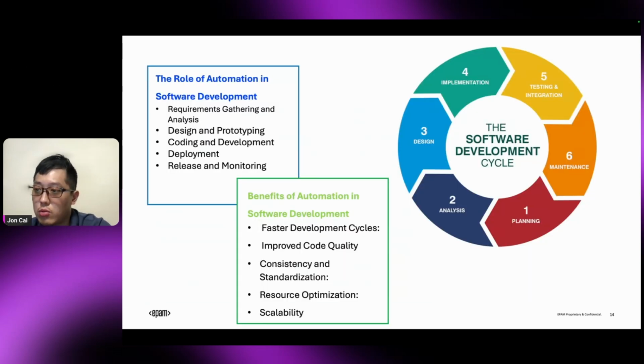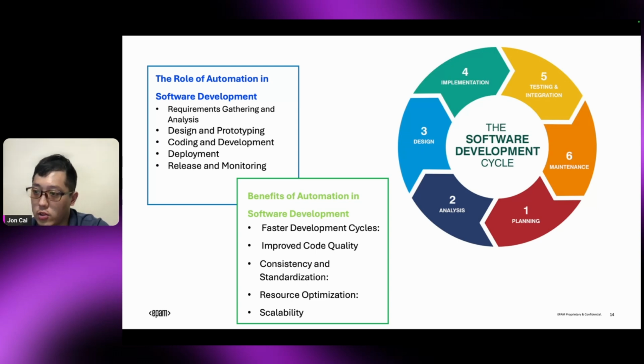And for the role of automation in software development, automation improves efficiency by streamlining various stages of the development lifecycle. So let's explore how automation impacts the different phases of software development.